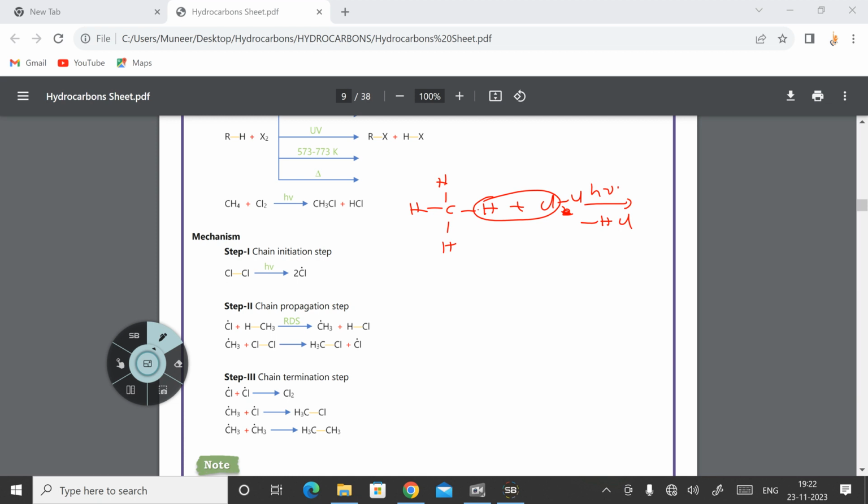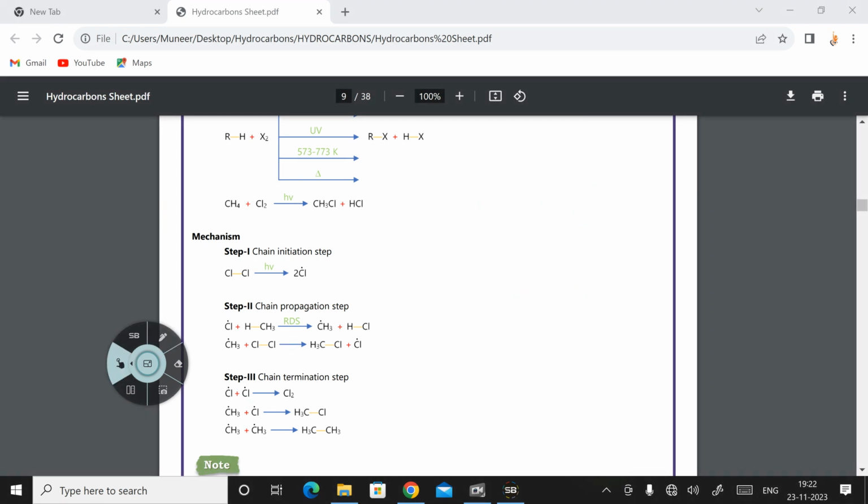This Cl is added to that carbon atom. As a result, CH3Cl is formed. Okay, that is substitution. Instead of this hydrogen, one chlorine is added. Substitution reaction. Okay.